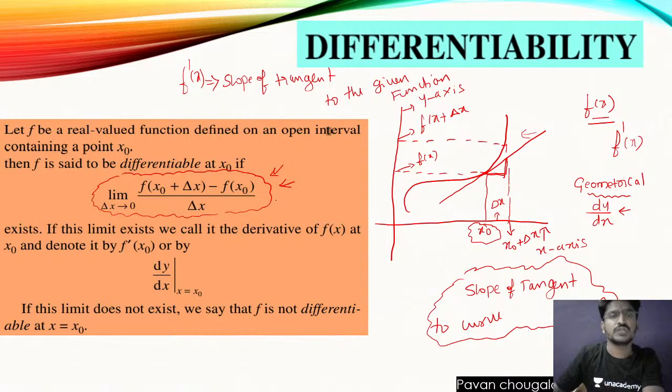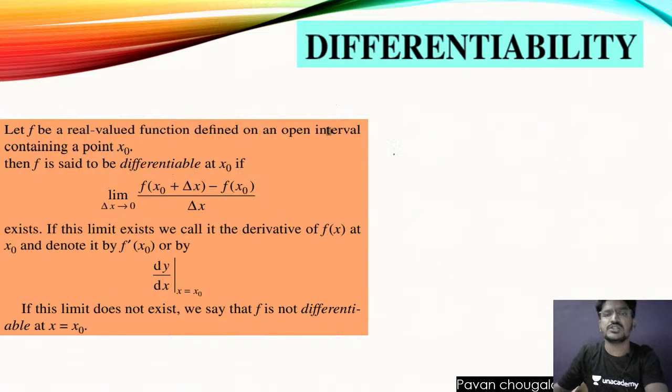So that you are going to calculate here. I think you got the geometrical meaning of dy by dx, that is nothing but slope of tangent to the given function. Okay. So from this you have understood what is dy by dx or what is f dash of x clearly.